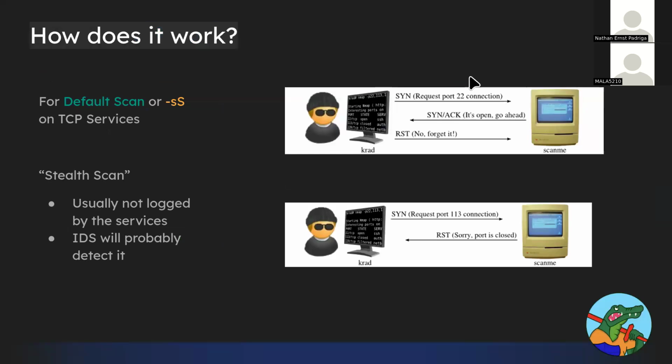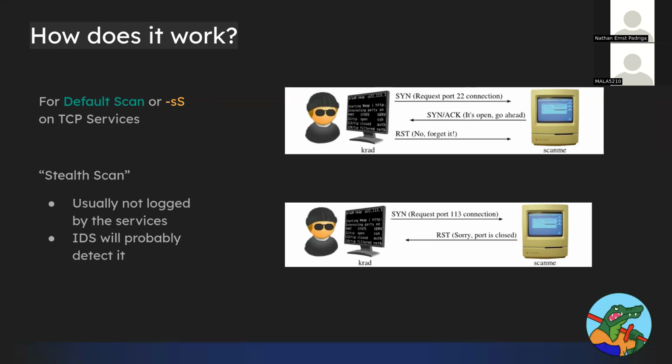If you're wondering how it works, you don't have to know it, but I think it's kind of interesting. Who's familiar with the TCP handshake? Okay, that's good. It's basically a three-step handshake: a request, then an acknowledgement, and then another request confirming the connection.